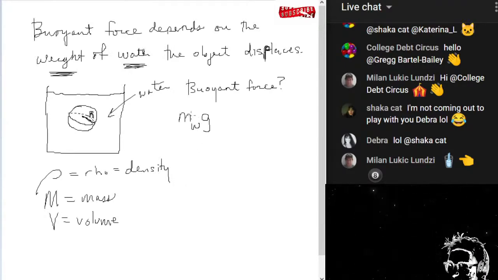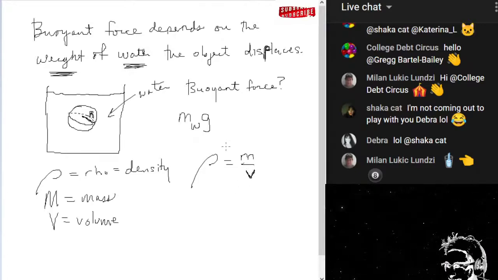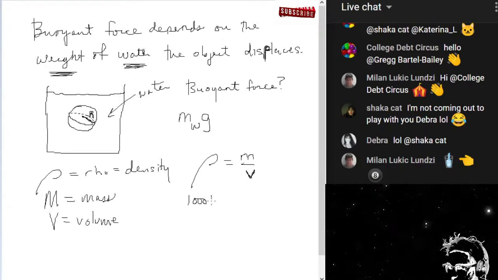So we need a mass of water displaced. Well, that's where we're going to get it. Density equals mass over volume. It's a ratio. The density of water is 1,000 kilograms per cubic meter.